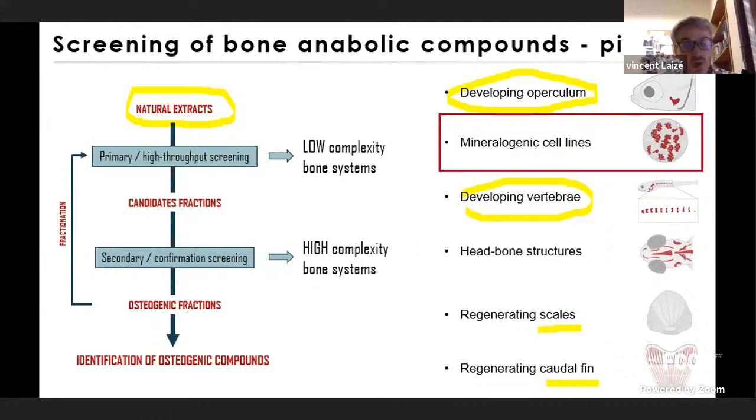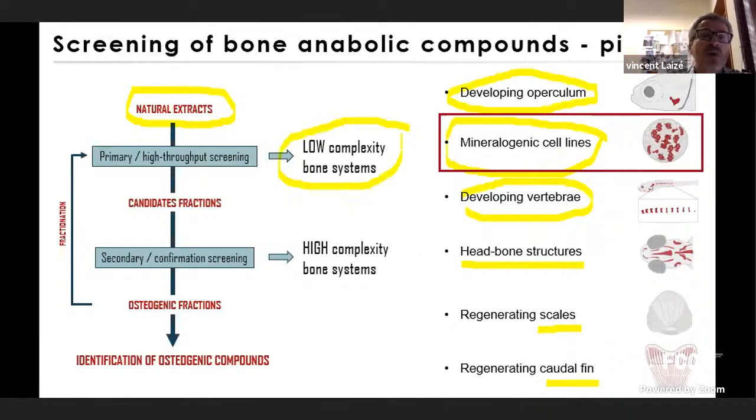We are looking also at some structures in the head. And we are using fish cell lines as a primary high throughput screening. Our pipeline is divided in two phases, where we use low complexity bone systems with a high throughput and high complexity bone systems with a low throughput.